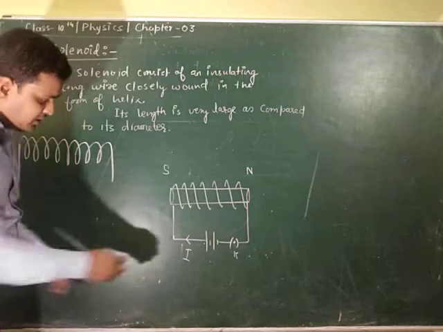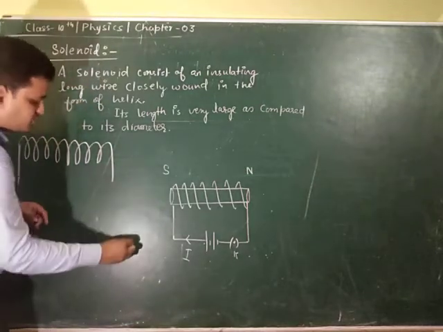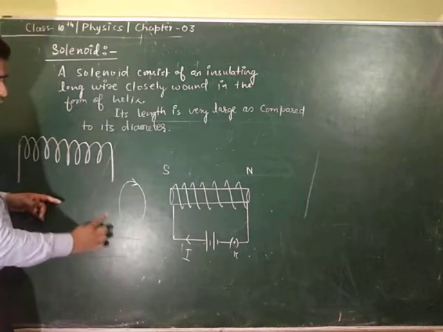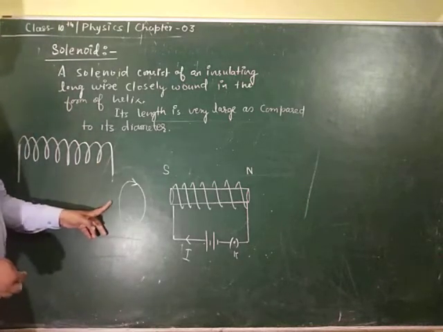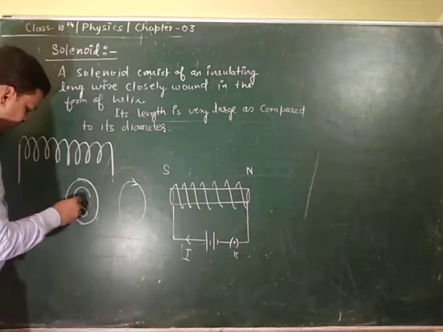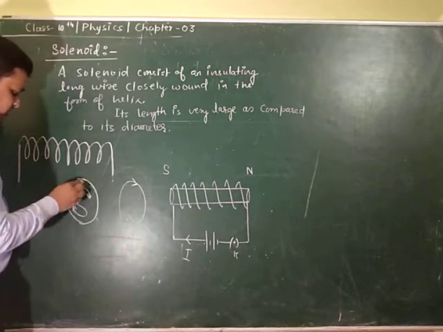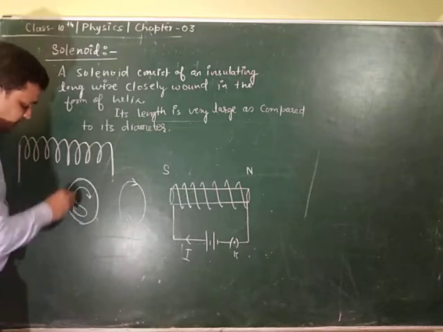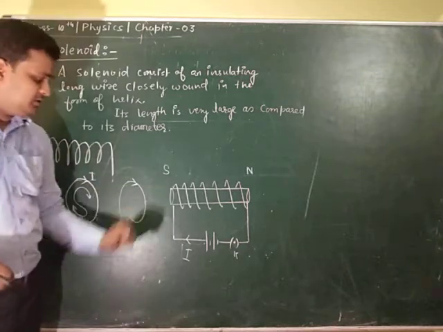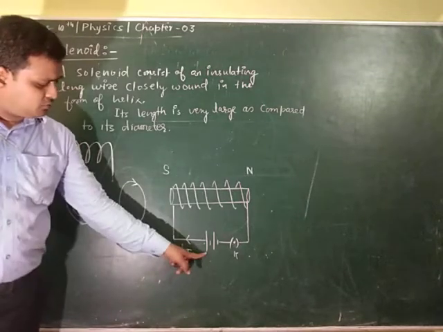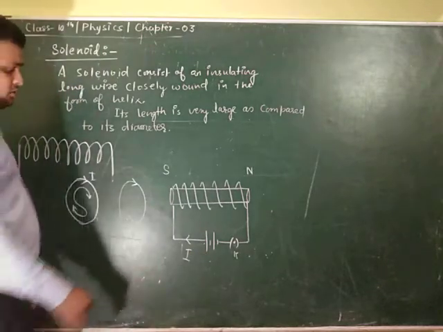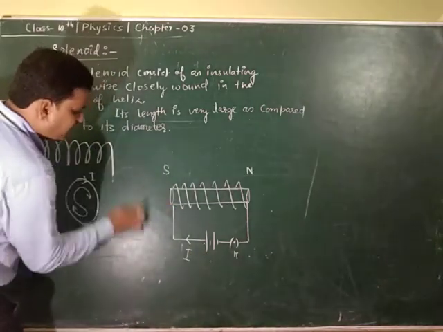Because consider the current going in this direction, so the current here will be clockwise. And what I have told you is that in the clockwise direction the pole is the south pole, according to this diagram. So that is why the south pole is here. Generally, the end connected to the positive terminal is south. So this is the south pole and that is the north pole.